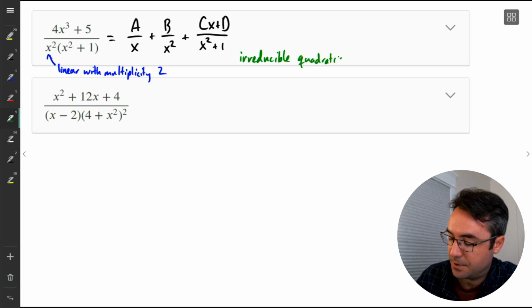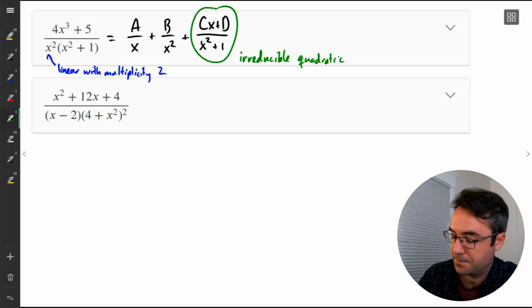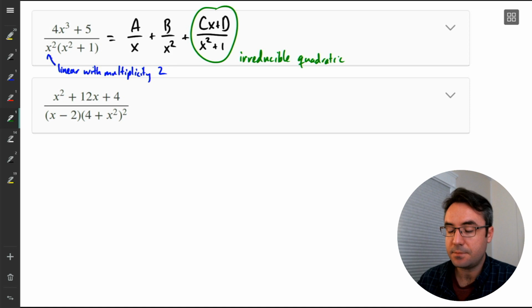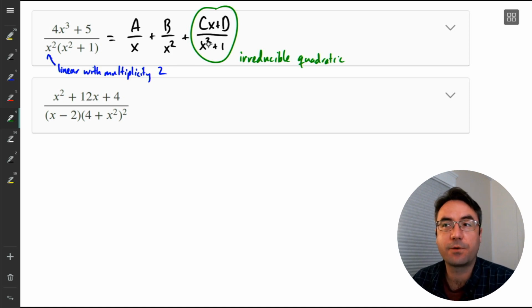Just note the difference. It's going to be cx plus d over x squared plus 1. It's not just a constant. There's more going on there. And that's just the format.